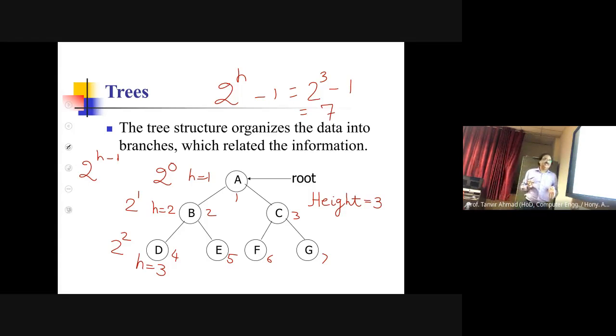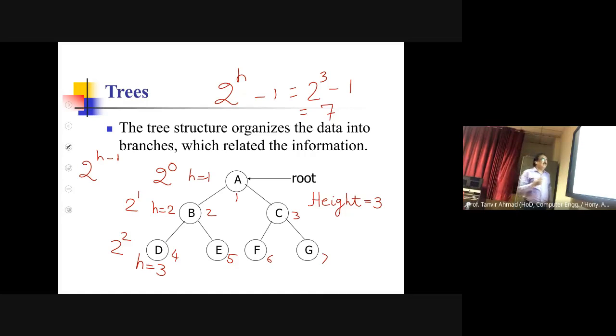Now here is the question. If it had not been a binary tree, suppose it's an n-ary tree with height 3, then you replace this 2 by 3. If it is an n-ary tree with n equal to 5, you replace this 2 with 5.